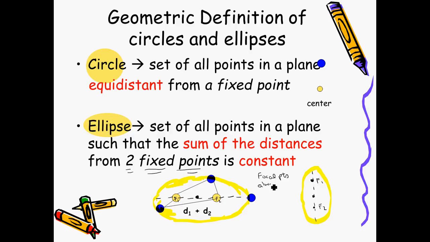They are always on the major axis, and they are always inside the ellipse. Crazy, right? There is still a minor axis on both of these ellipses, right? There's still the minor axis here, the minor axis here, but the focal points are always on the major axis.